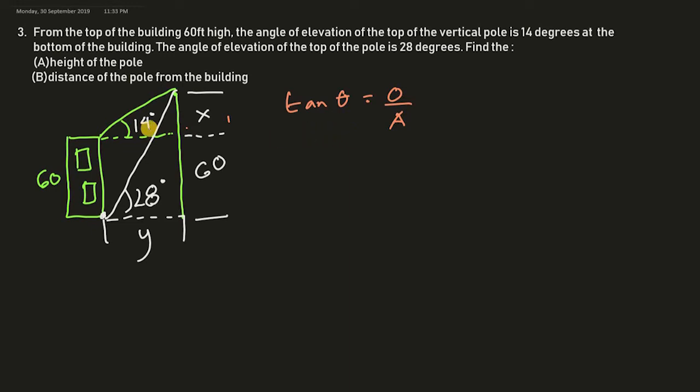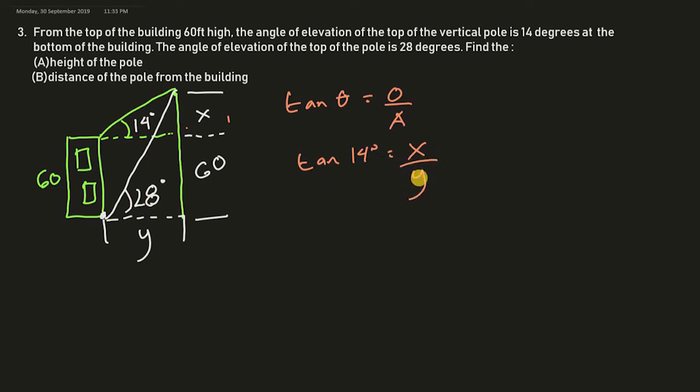Okay, so first, we find the tangent of 14. Tangent of 14 degrees is equals to opposite. What is opposite of 14 is x. What is adjacent of 14 is the same as y, right? Kasi same value sila, over y.